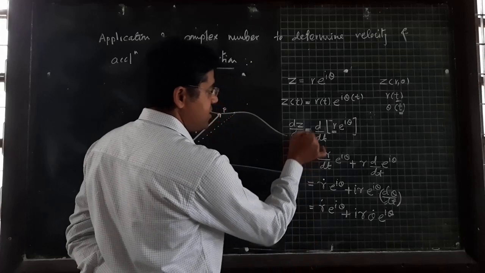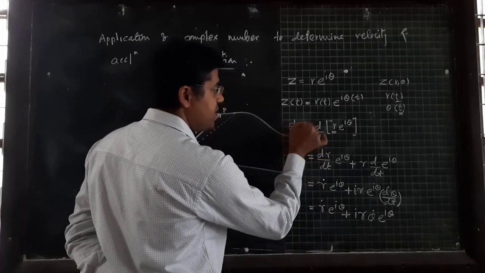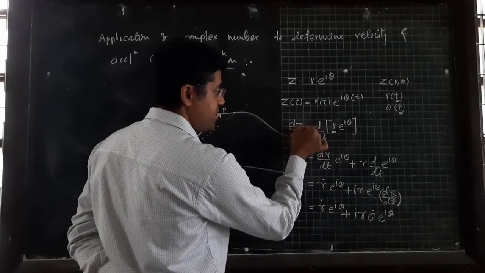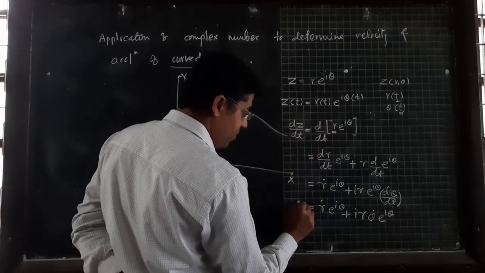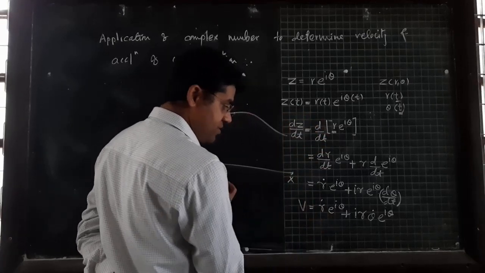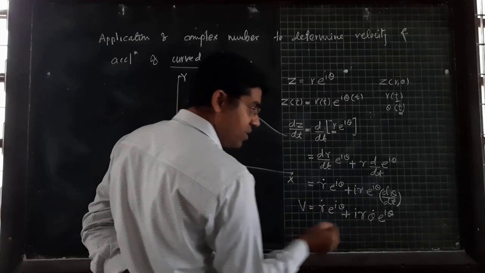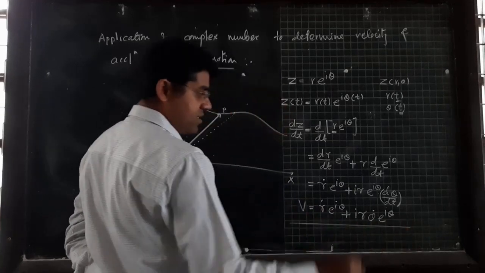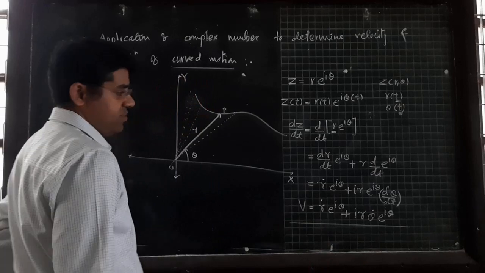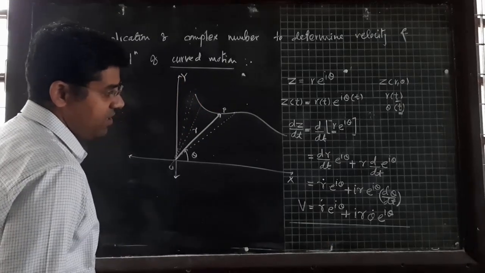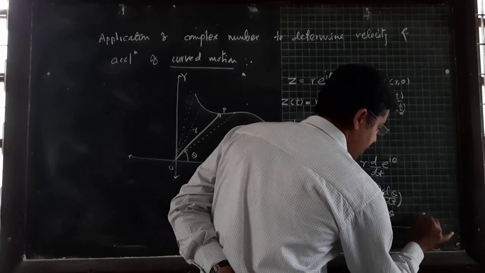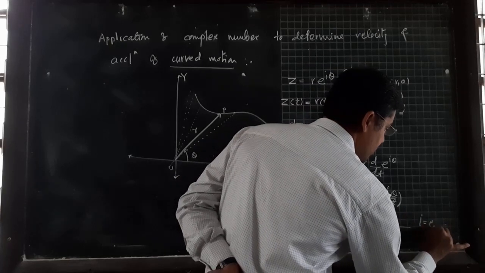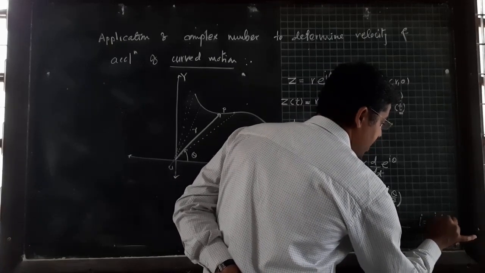Okay, so we can write this in terms of dz by dt. So z is the complex displacement, and that we can write in terms of the velocity component. Now we know what i means. Suppose we have to change the i, so i we can write as e raised to i pi by 2.